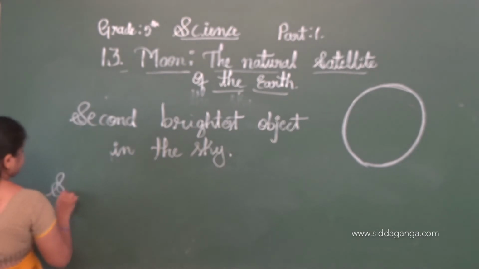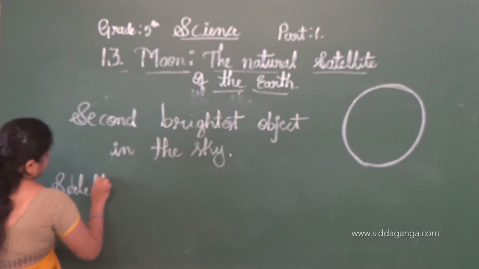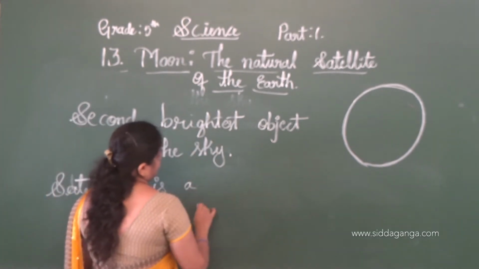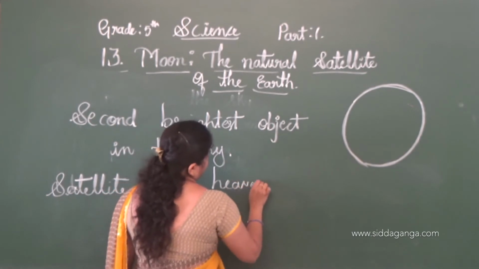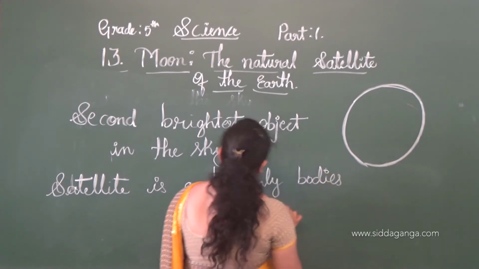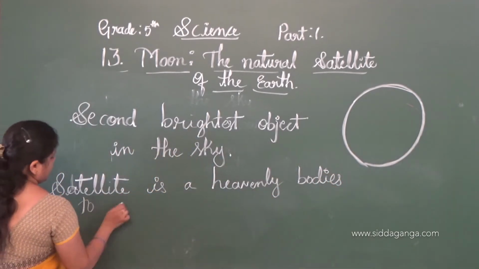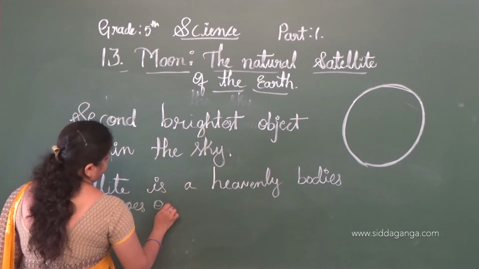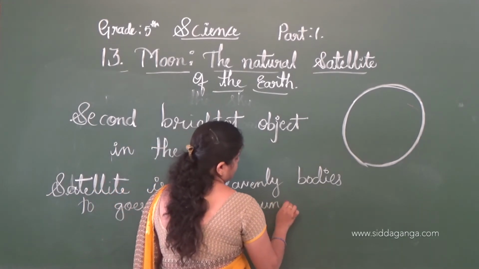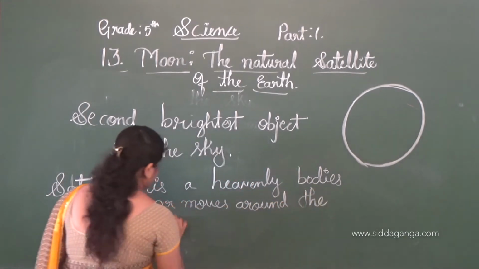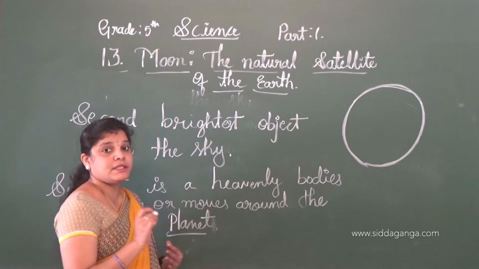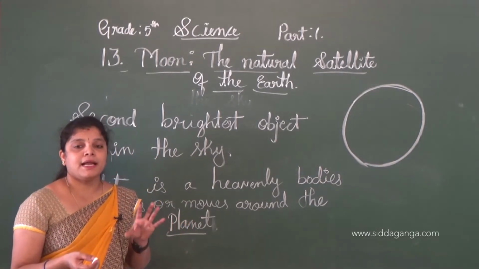A satellite is a heavenly body that goes or moves around the planet. Planet means what? Planet means graha in Kannada. See, planet means graha.